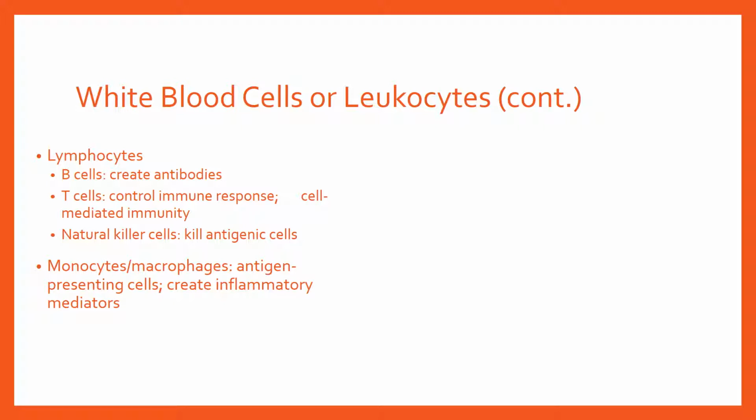So B lymphocytes are antibody producing cells, as I said, and they are involved in humoral immunity. The second type of cell, as we said, was T lymphocytes, and they will create cell-mediated immunity.